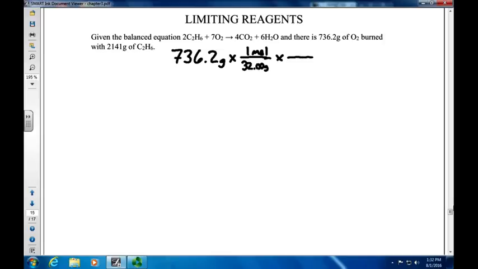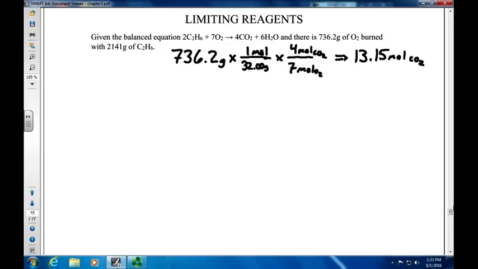So in this case, I'm choosing CO2. So the moles that I've already written out are moles of diatomic oxygen. So for 7 moles of O2, we have 4 moles of CO2, which results in 13.15 moles of CO2.